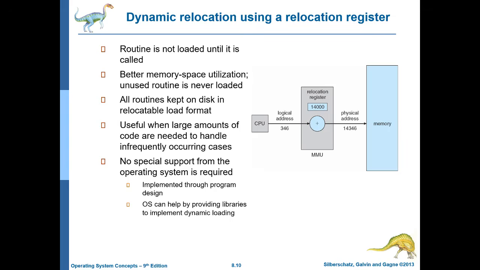The CPU sends the logical address 346 to the memory management unit. The memory management unit will take the logical address and add it to the relocation address to give us the physical address in memory where we can get this from.